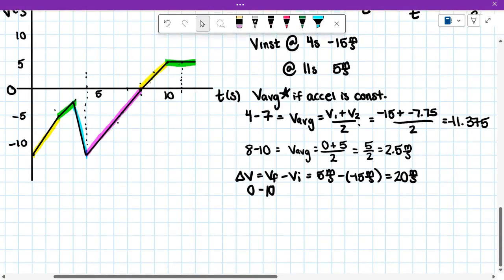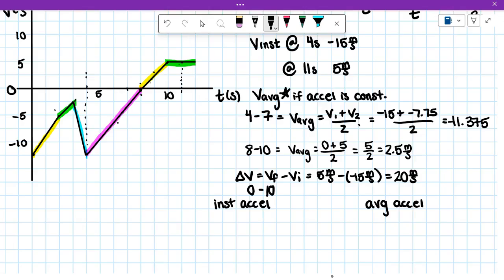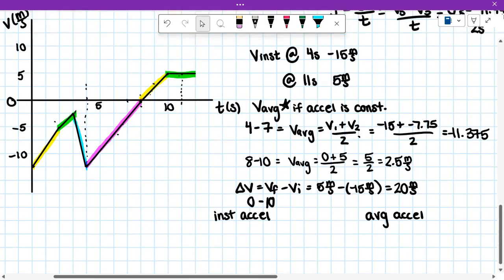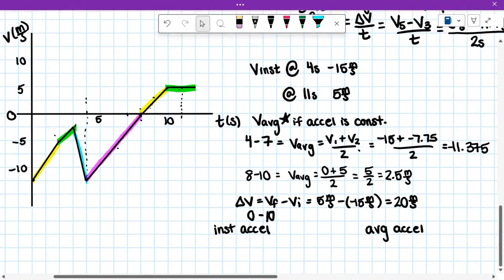Okay. So the next two things we're going to look at are instantaneous acceleration and average acceleration. Instantaneous acceleration is our acceleration at a specific point in time, or the rate of change of velocity at a specific point in time. And I know that the slope of any graph represents rate of change.